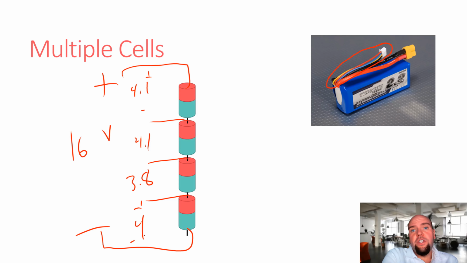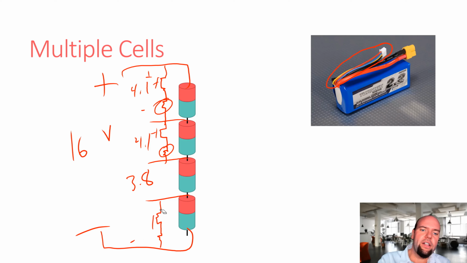Usually the way these balanced chargers work is they just have a transistor and a burn resistor, and whatever the highest cell in the battery is, they just discharge it. So in this case, you could just burn current through here and discharge just these two cells, and you'd probably also discharge this one a little bit too.